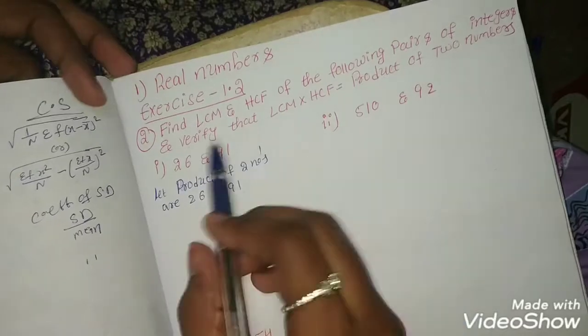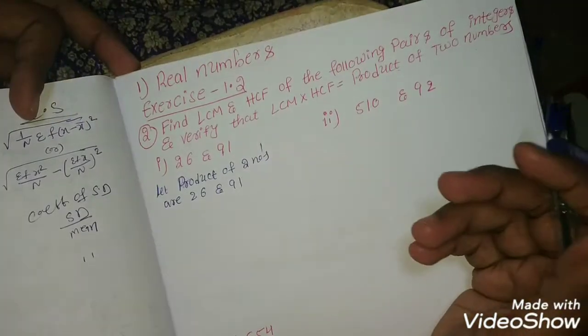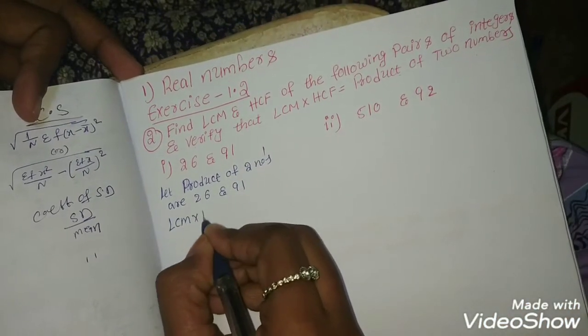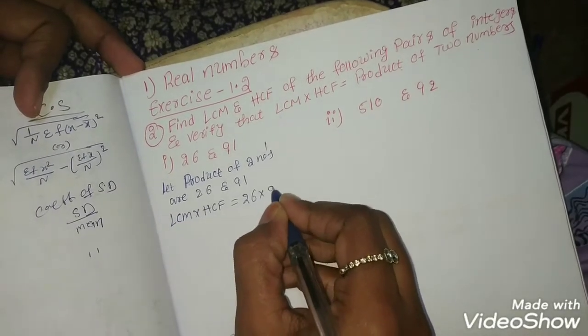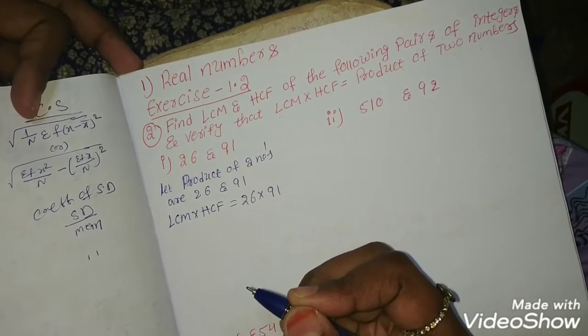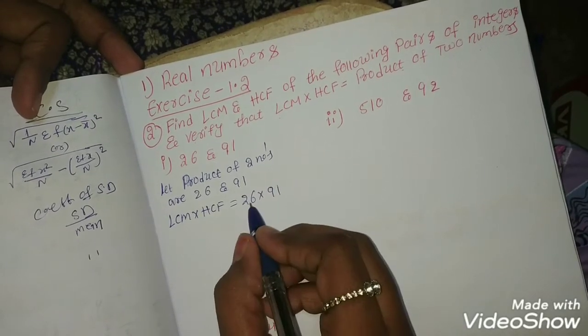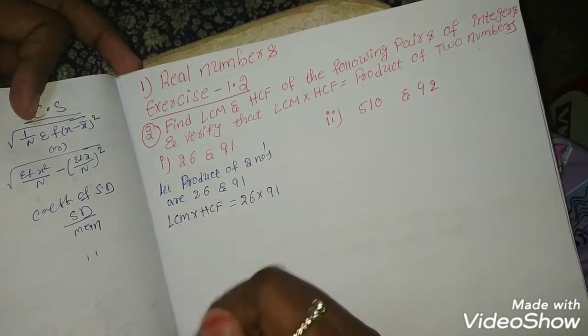So what we have to find? The product of two numbers is equal to LCM into HCF. That means LCM into HCF is equal to 26 into 91. So if you multiply these two numbers, it is the same as LCM into HCF.